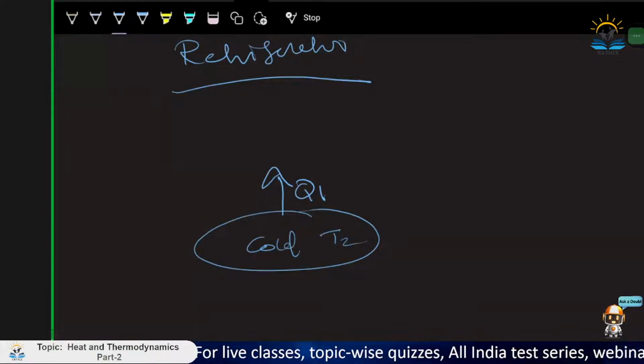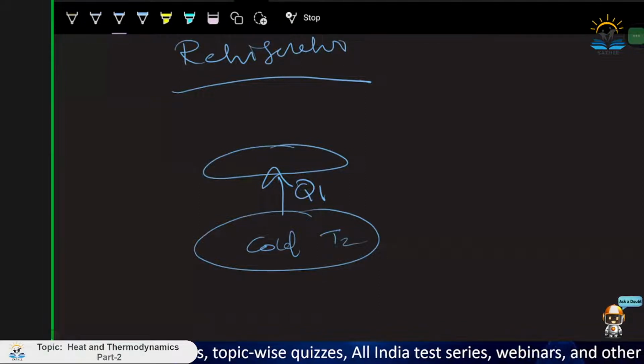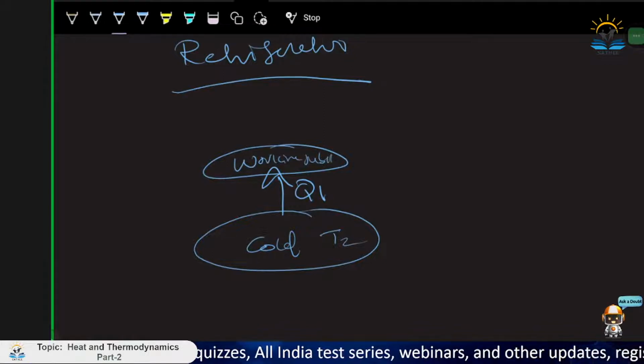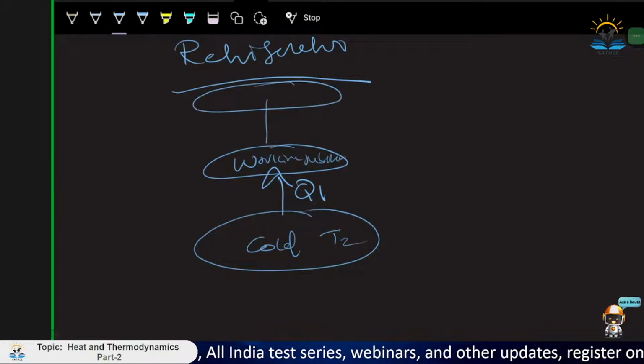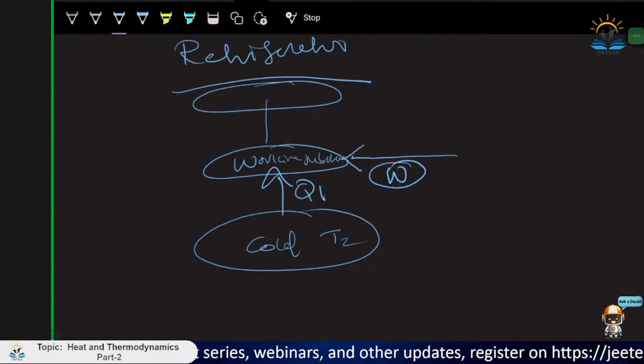Okay, and this is the working substance. And this is the hot reservoir, in which we are giving W work.